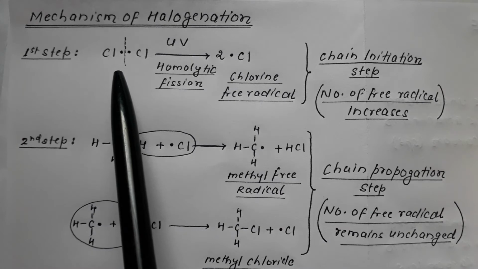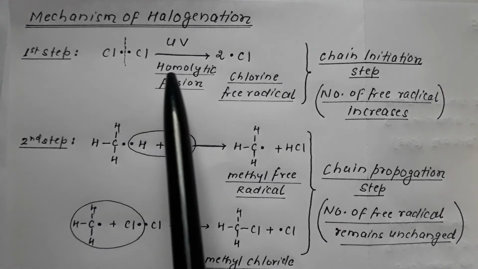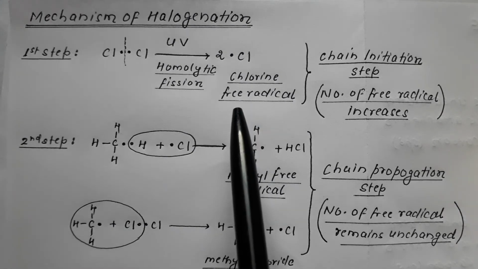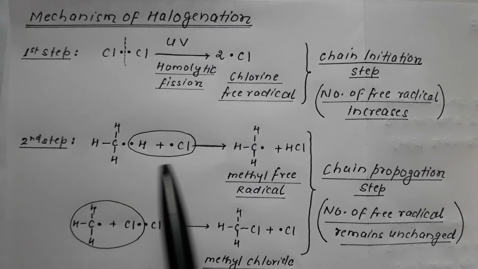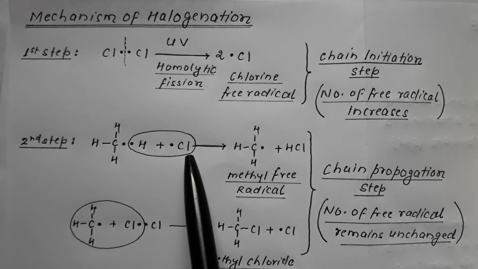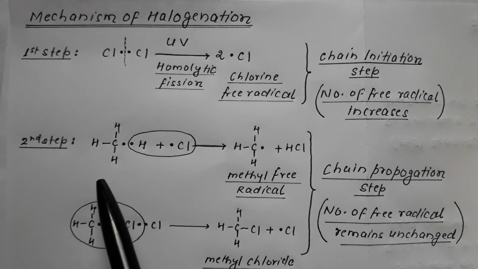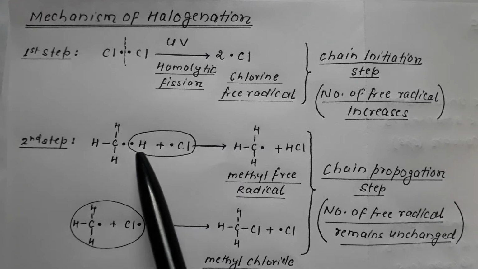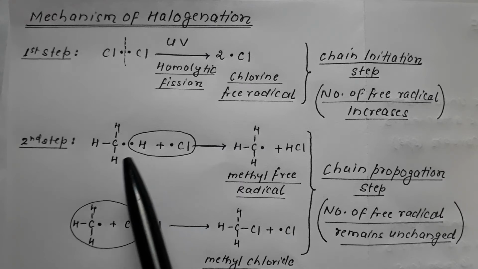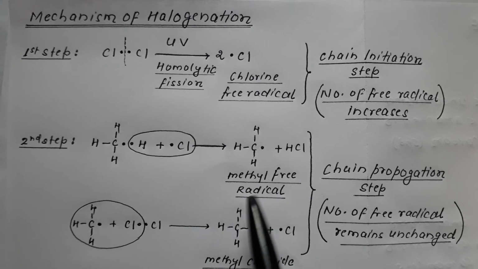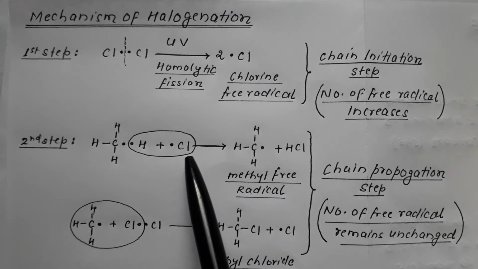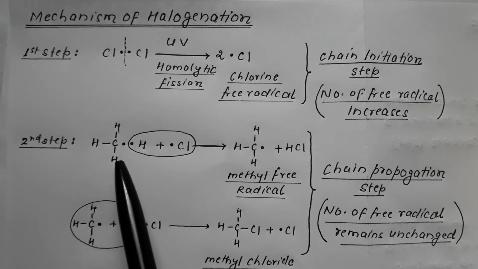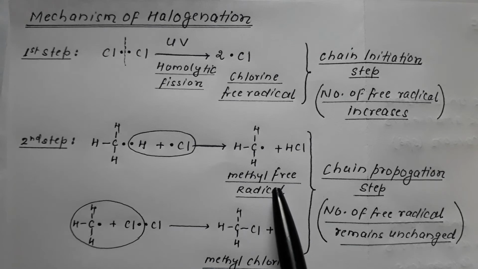So in the first step, the molecule of chlorine absorbs light, undergoes homolytic fission and results in formation of chlorine free radical. Then in the second step, the chlorine free radical reacts with a molecule of methane. It withdraws hydrogen as a free radical, converting methane into methyl free radical.